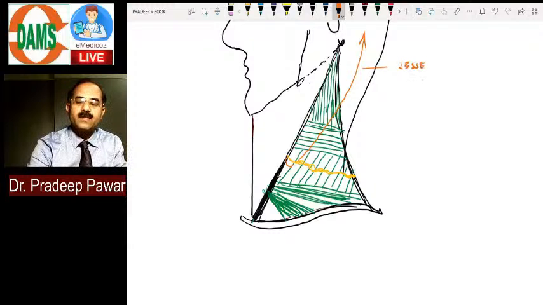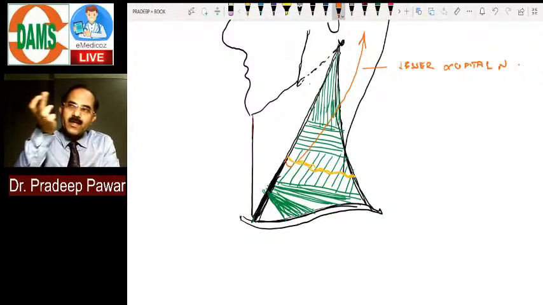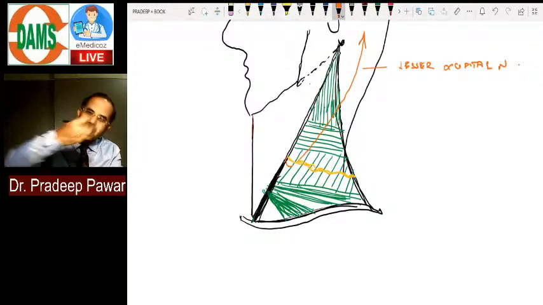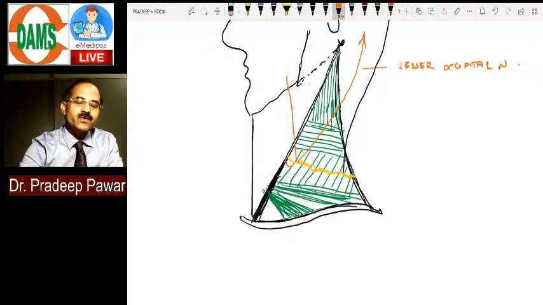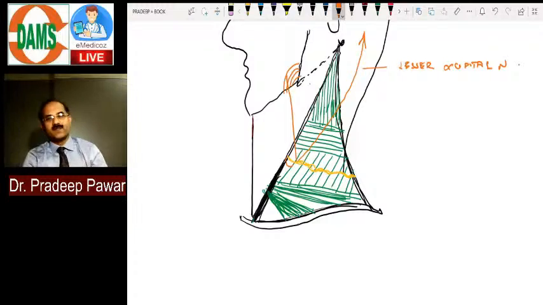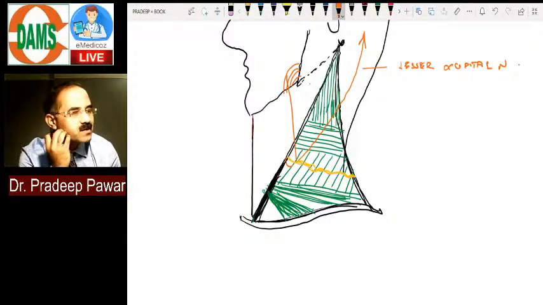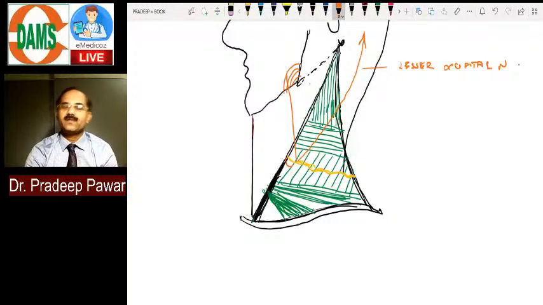This is the lesser occipital nerve, and it is going to hook around the accessory nerve. There's another nerve which is going to supply the skin over the angle of the mandible. You can guess this. Which is this branch of the cervical plexus which supplies the skin over the angle of the mandible? Guess this.